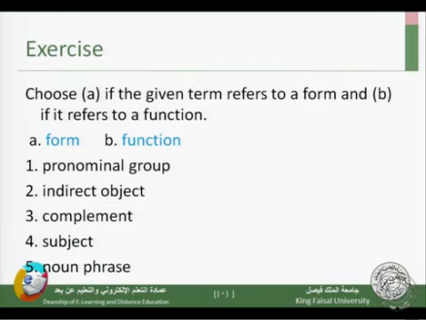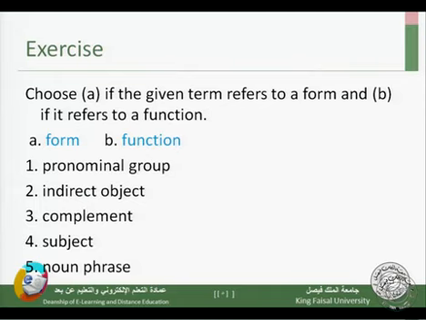We said something like "we all". We all is a pronominal group: we have a pronoun and we have a post modifier, all. So we call this a pronominal group. Pronominal group is the name of the form, what this group of words looks like. So number one is A, form.